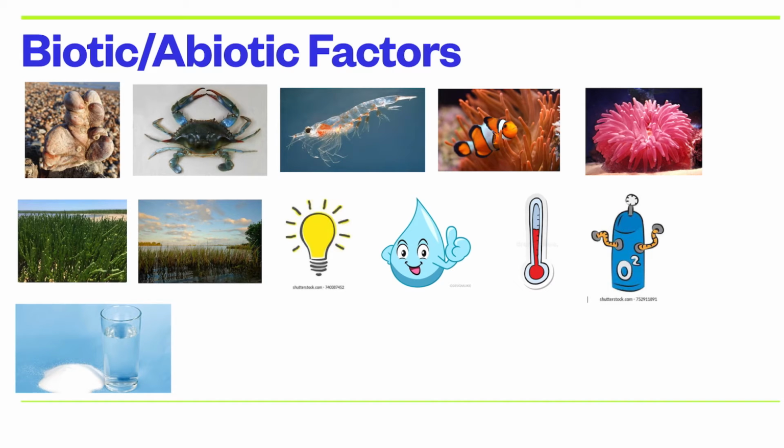The main and most popular animals and plants that are found include slipper limpet, which is the first one, blue crabs, zooplankton, clownfish, sea anemones, pickleweeds, and marsh grasses. And some abiotic factors of the system include light, oxygen, salinity, and temperature.